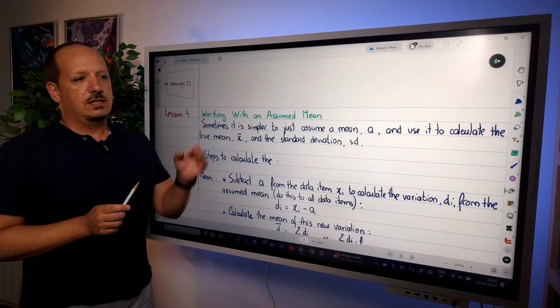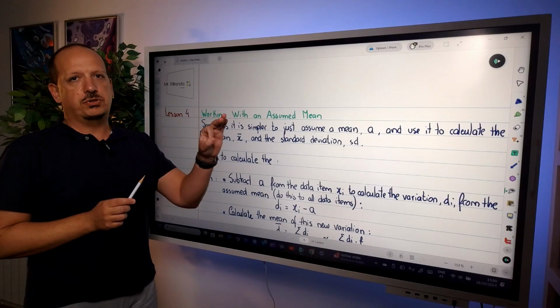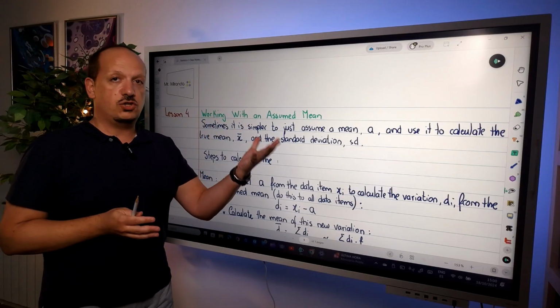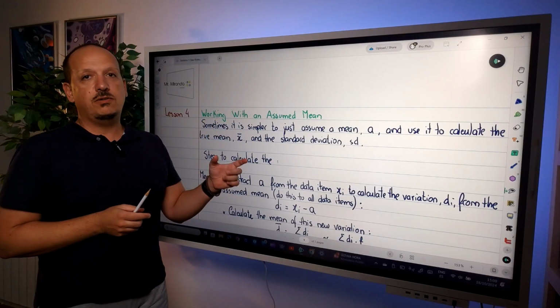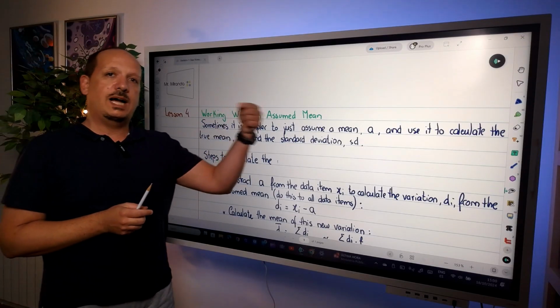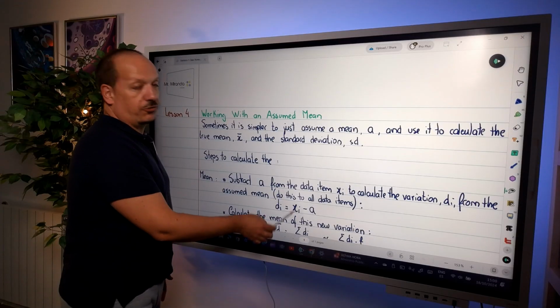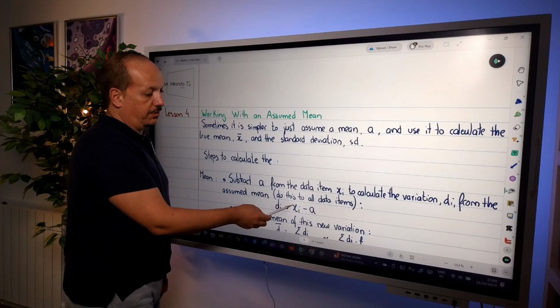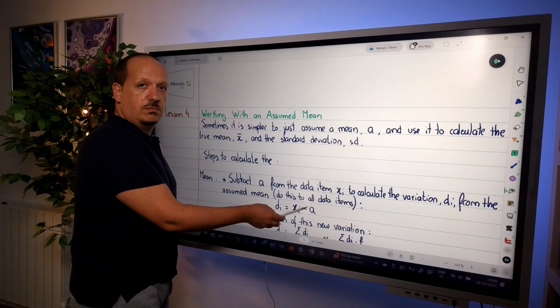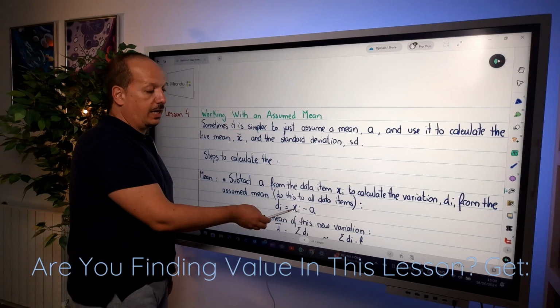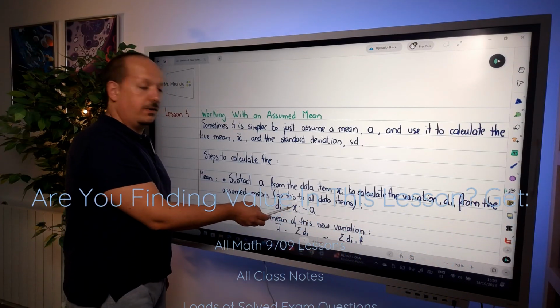This means that for whatever value you attributed as being the mean, that is the assumed mean, you are going to calculate the deviation of each individual item. How do you do that? You just do that raw data value minus the assumed mean.